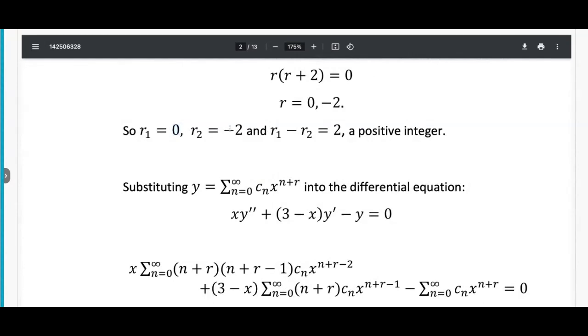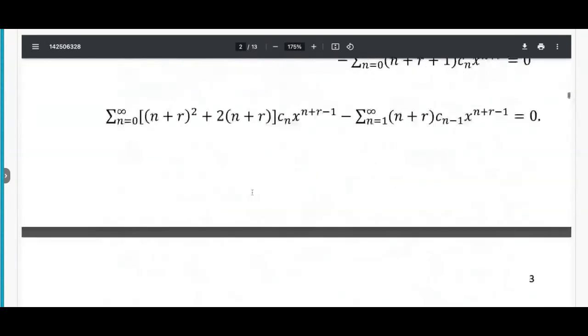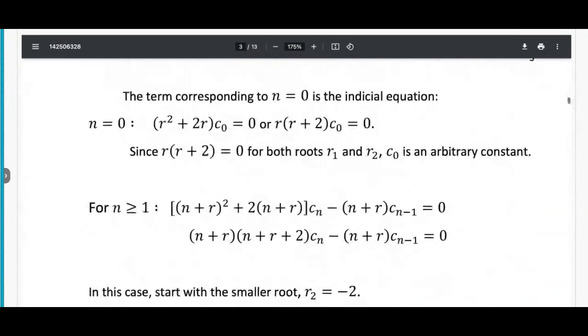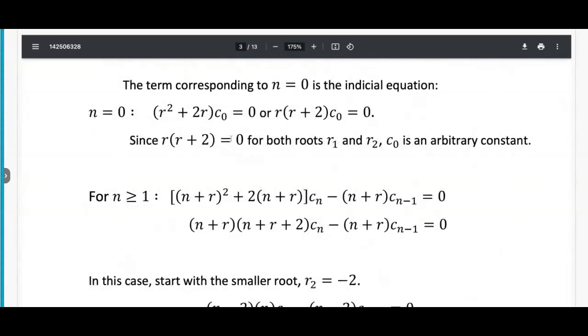So in either case, we get 0 for this. So that is to say, the first term C naught can be any arbitrary number, because this is 0 for r equals 0 or for r equals -2. So C naught can be any number.